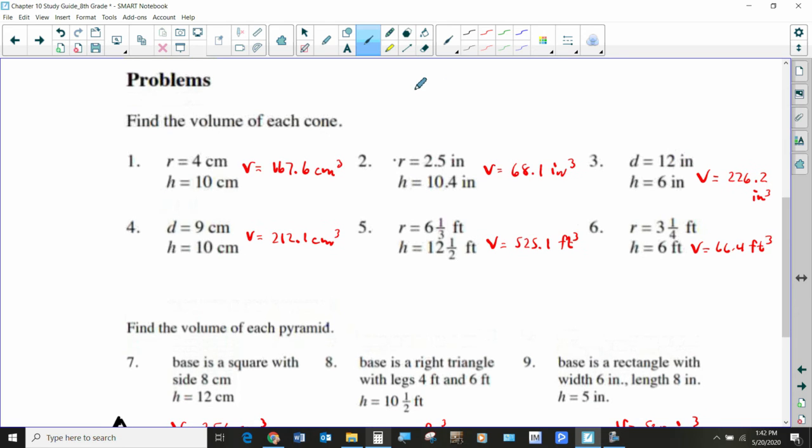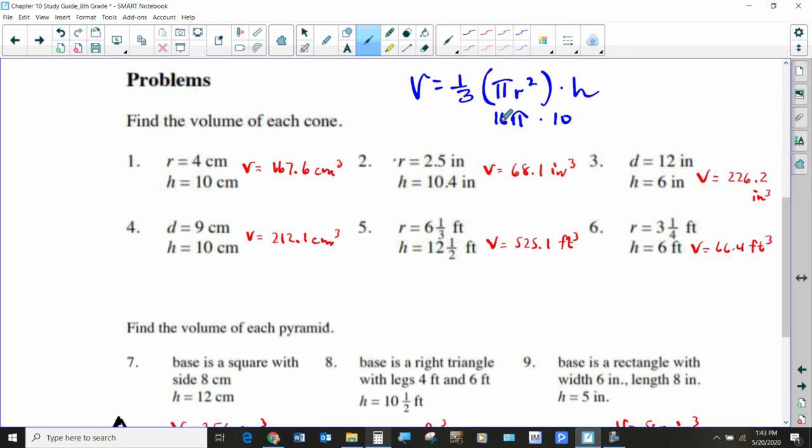These are cones. So volume is equal to 1/3 times pi r squared, since that's the area of the base, times the height. For this one, we would take 4 and square it, so this is going to be 16 times pi times 10.